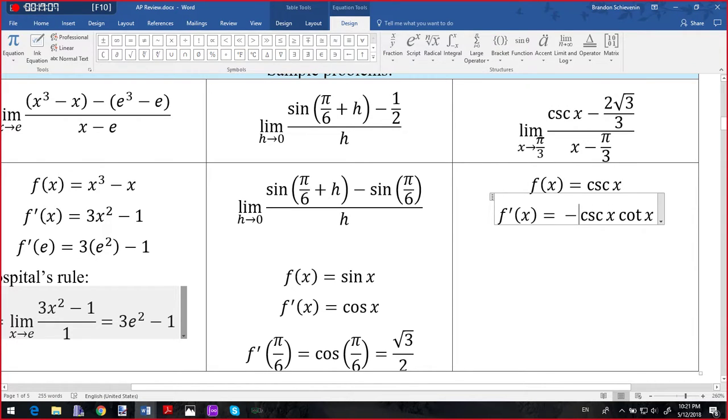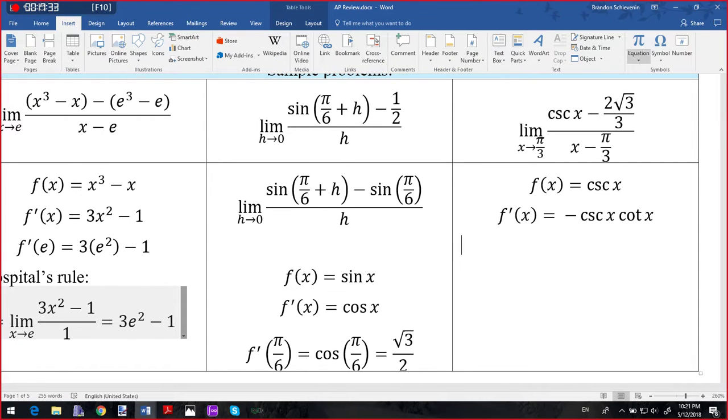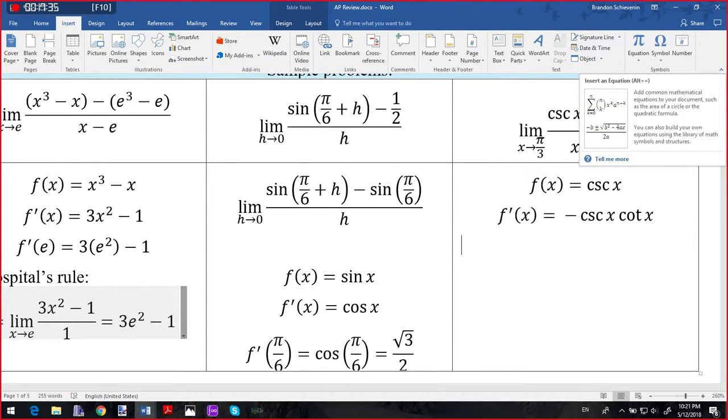What's the cosecant at pi thirds? Yeah, it's right, 2 root 3 over 3. So they did rationalize, so it looks a little bit weird, but it's right.